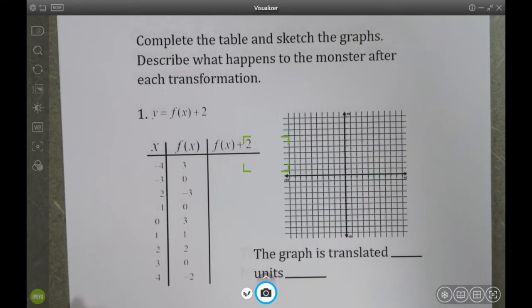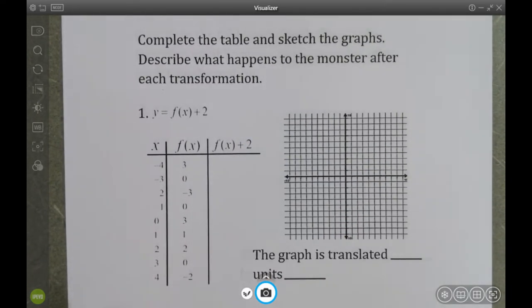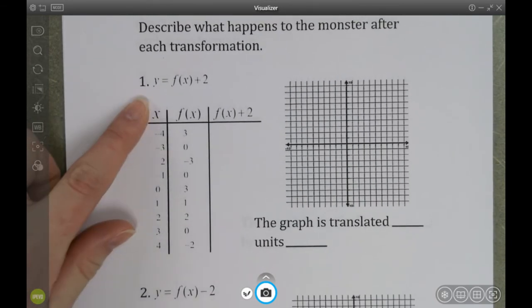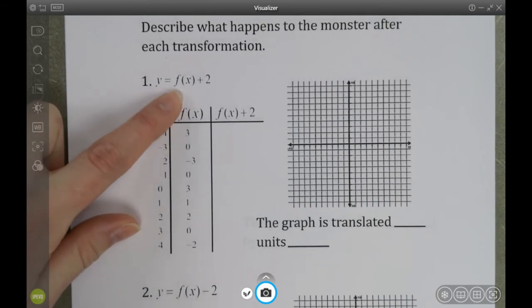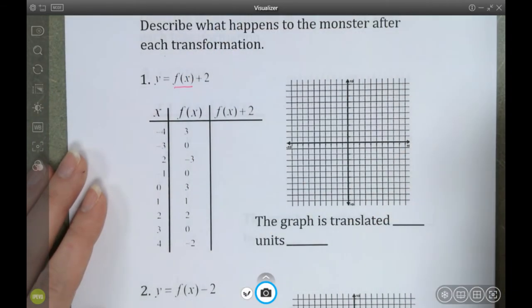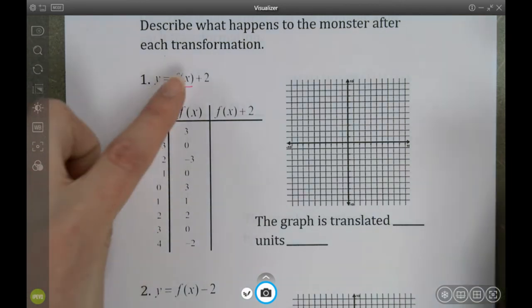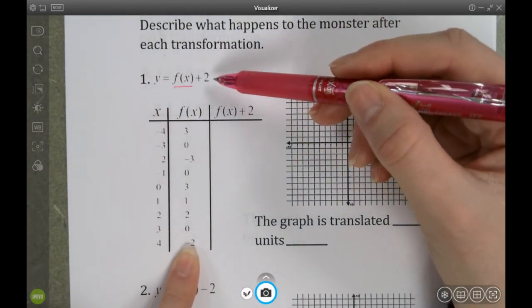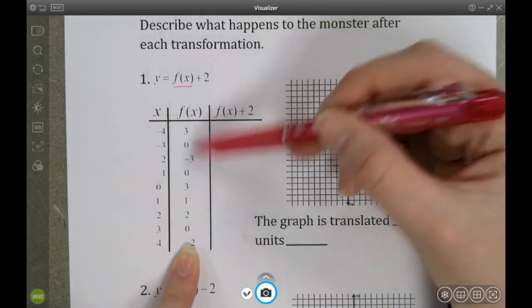So it says, complete the table and sketch the graphs and describe what happens to your original monster after each transformation. Okay? So our first one, we have y equals f of x plus 2. So we're going to take each f of x value from the table, and we're going to add 2 to each one of these numbers.